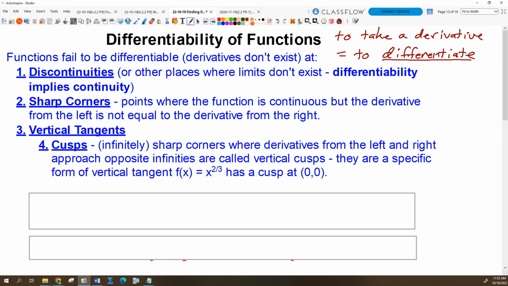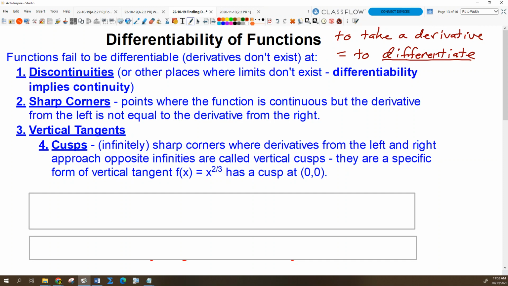That's the verb. And so we talk about differentiation as being the process of taking derivatives. That's what we're learning to do. This is called differential calculus. This calculus that we're doing now, the calculus of derivatives, is differential calculus.